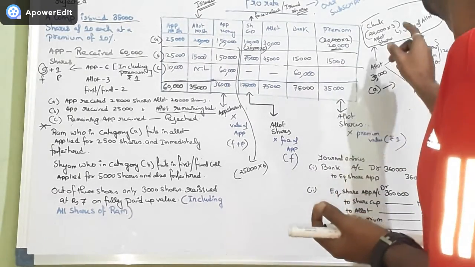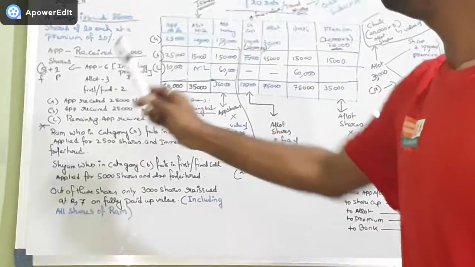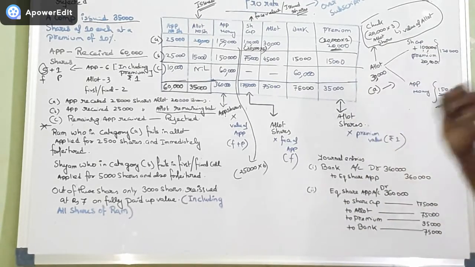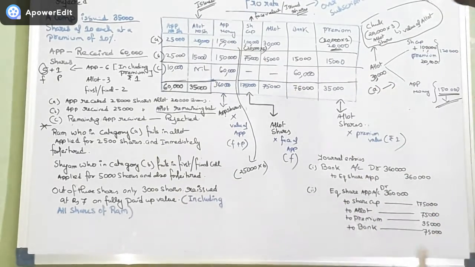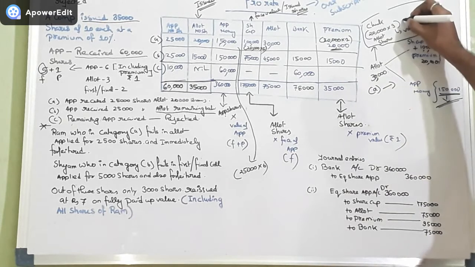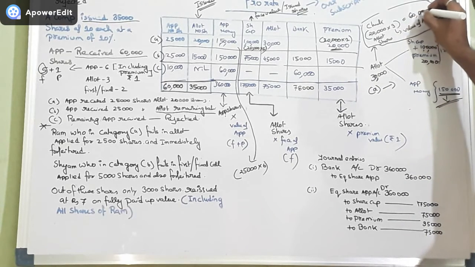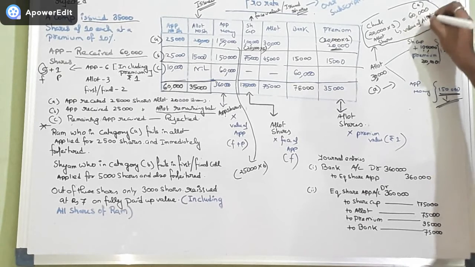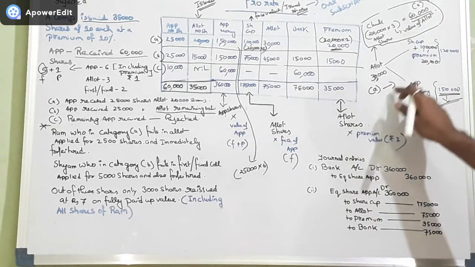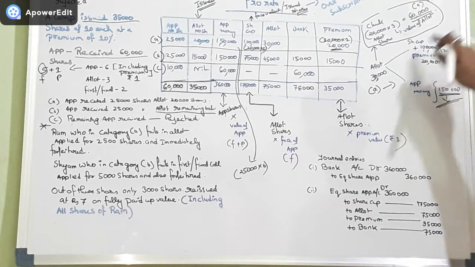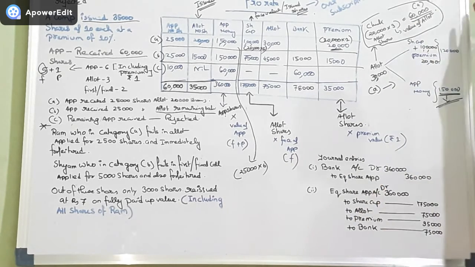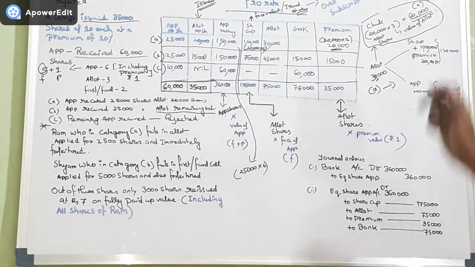So what are we doing? What is the allotment value? 3 rupees. Allotted share is how much? 20,000 for the case A. And the allotment value is 3 rupees. So how much amount is available in allotment in case of A? In case of A, the allotment amount available is 60,000, and the surplus from application is 30,000. So the amount available in allotment is more; 60,000 is available to adjust 30,000.